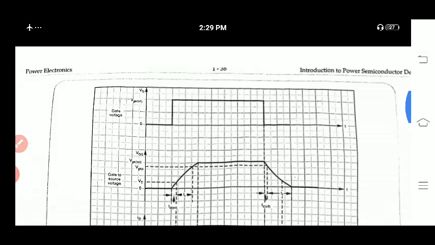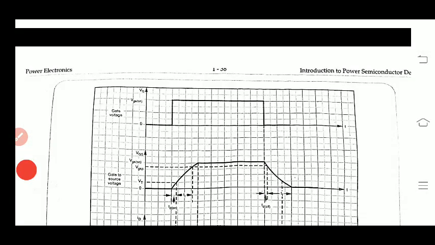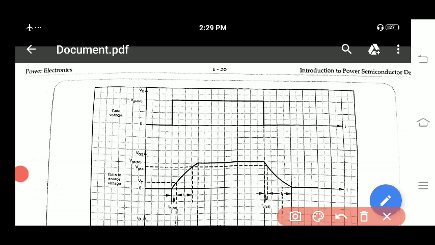Here you can observe that behavior in this graph. When you apply the gate voltage VG, VGS will not increase suddenly. Suddenly would mean it increases like this, but it does not. Why? Because of the presence of the junction capacitance. Just now we have seen, no?